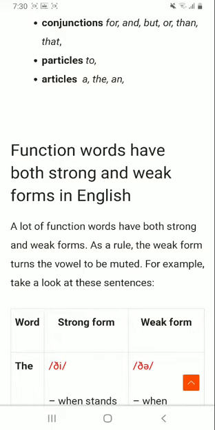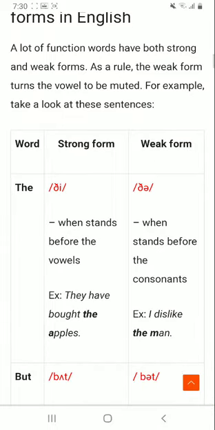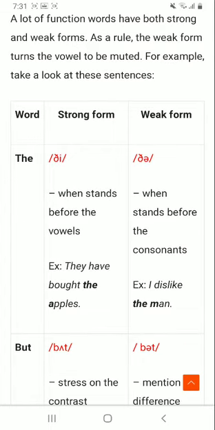The thing is where we have to use the strong form and where we have to use the weaker form. That is the content, and we have some rules. Here the word is the same. There is no change in the word or in the pronunciation. The only thing is where we have to put the word into stressed or unstressed, that is weak or strong. First comes the.